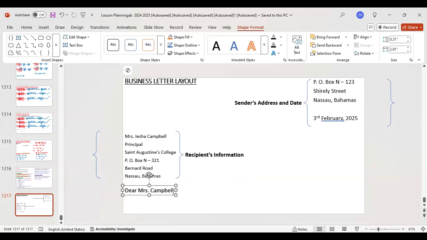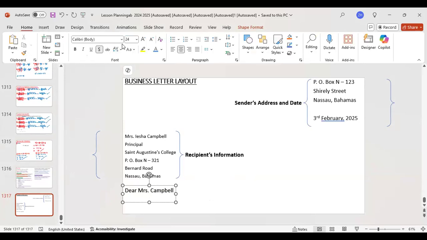And then after that, we're going to indent. Please indent, always indent. And then we're going to start it off with what we're writing this letter for. So I am writing this letter to seek information. No, that's not the reason.